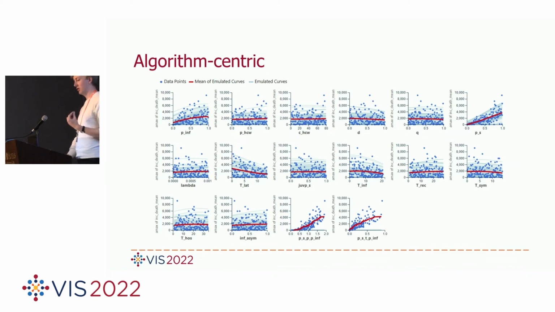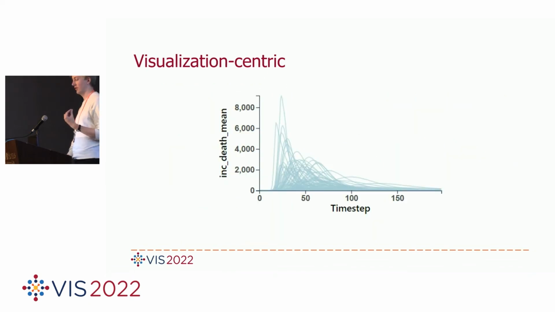Our second approach, visualization-centric sensitivity analysis, tries to present all the output curves. The problem that the modelers faced previously is that reasoning about 200 curves, for example, is very difficult. Trying to reason about what combination of parameters makes this curve look different from another curve.